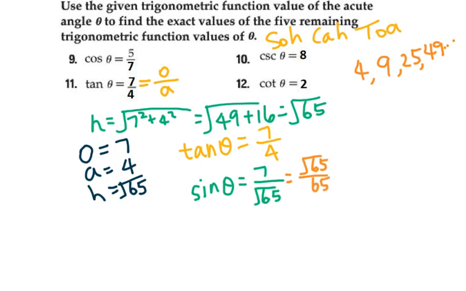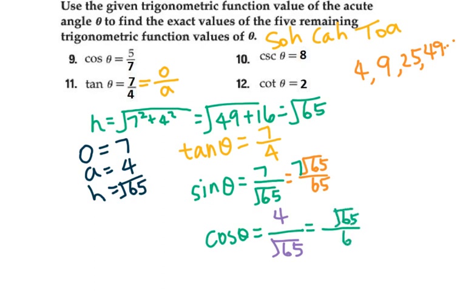Then bring that 7 here. That's the answer. For cosine theta, you will get 4 over square root of 65. Then you simplify, you will get square root of 65 over 65. Then bring this 4. Then that's the answer.